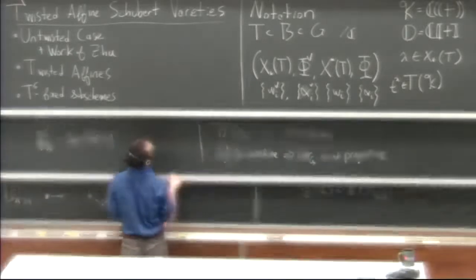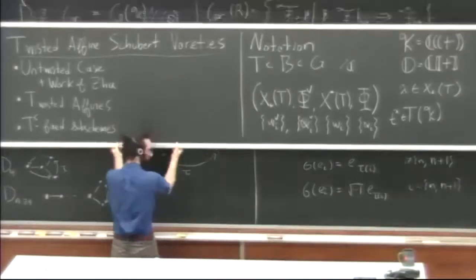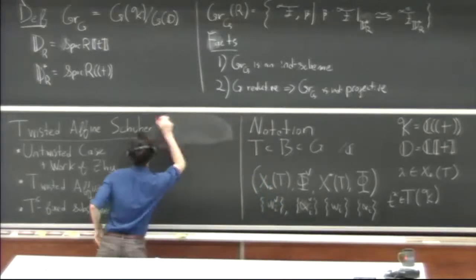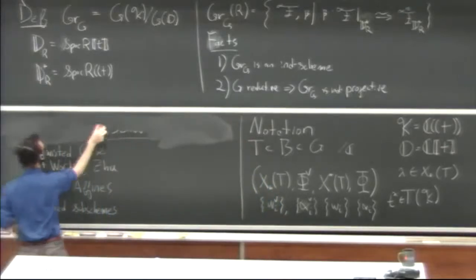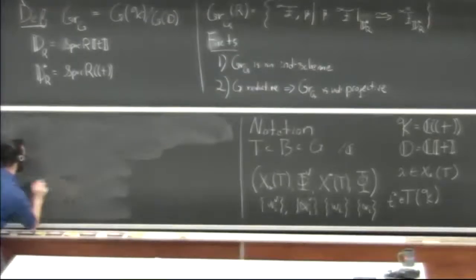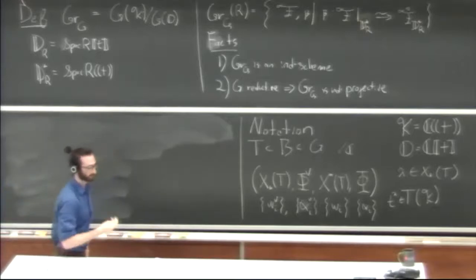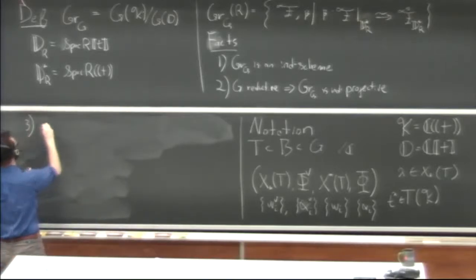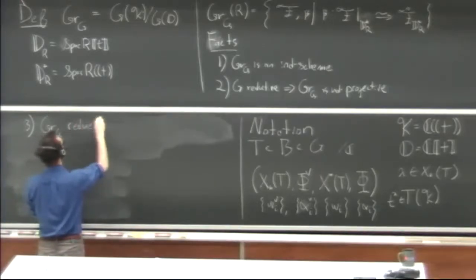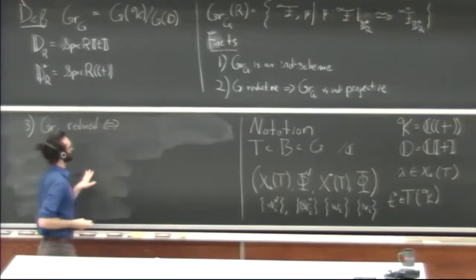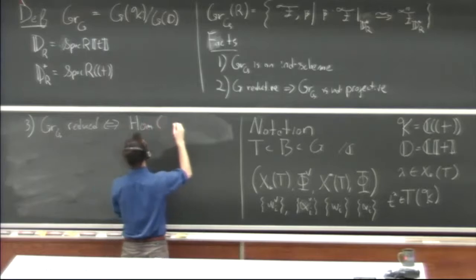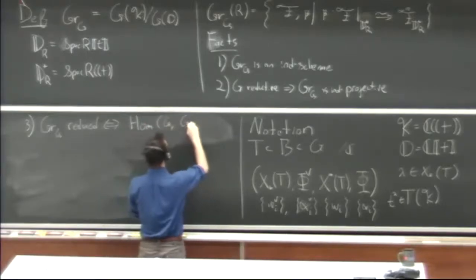However, we will need to deal with some possibly non-reduced structure. So the next fact that I want to state, fact 3, is that the affine Grassmannian being reduced is equivalent to G having trivial homomorphisms from G to G_m.